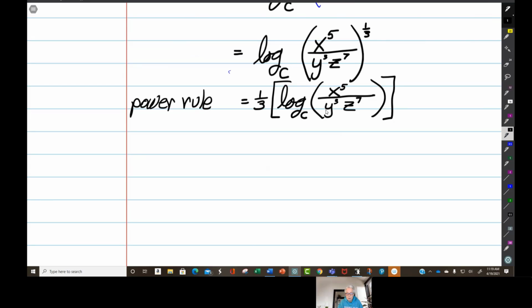All right, so the power rule, we're going to use the quotient rule now. Okay, and again, this equals means equals what's above it. Keep moving it over.